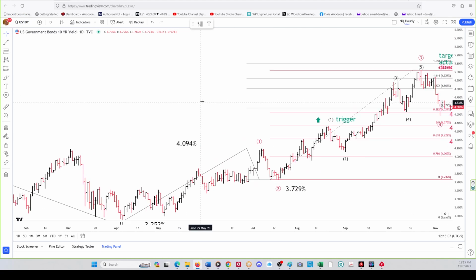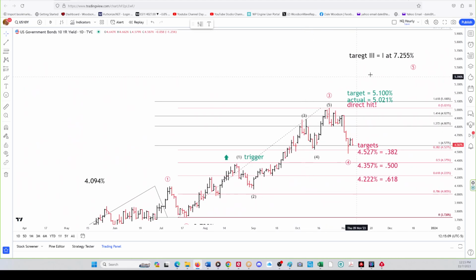There's 2 down. 3 gains equality with 1 at a much larger degree of trend at 7.255%. So after this decline here, as long as it holds above the wave 1 high, we should see a wave 5, and our longer term target is over 7%. All right, that's it on the US 10-year.